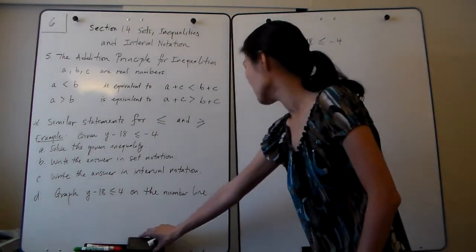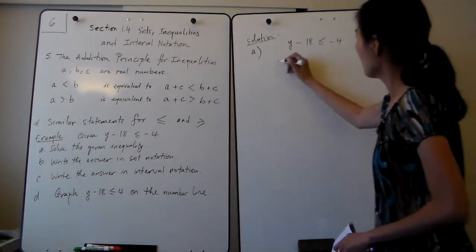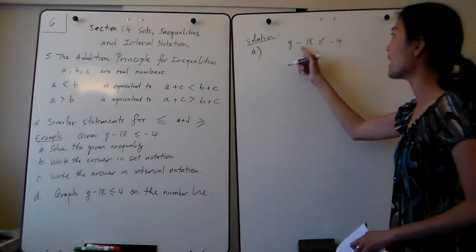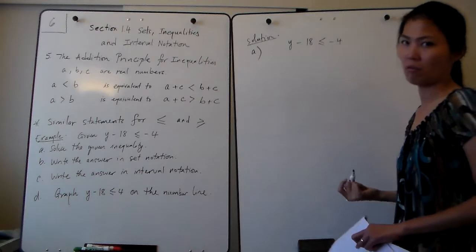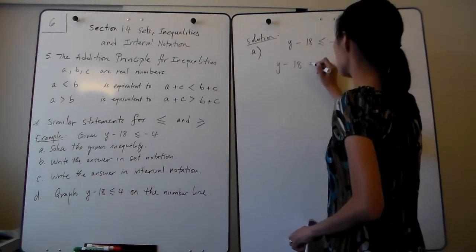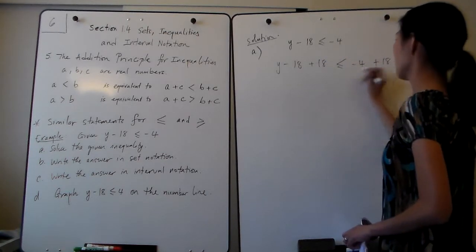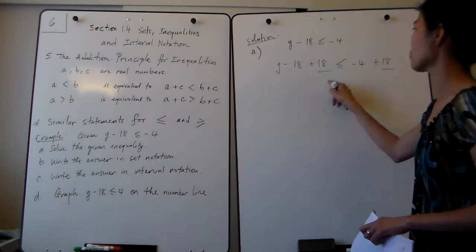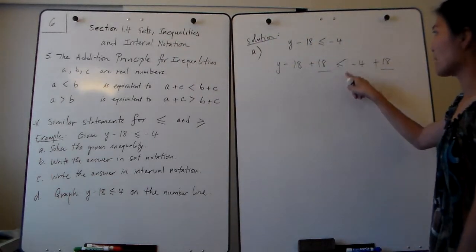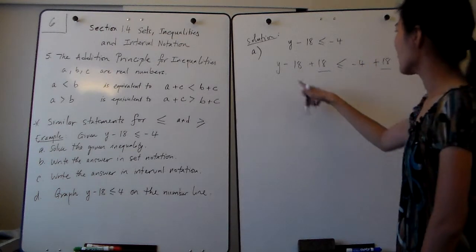So using the addition principle, we need to turn this negative 18 to 0. So negative 18 plus what equals 0? In this case, it's going to be plus 18. Okay? So we're going to use plus 18 on both sides. Using the addition principle, we maintain the same inequality. Now simplify.